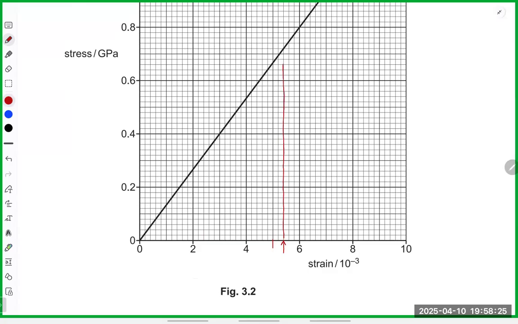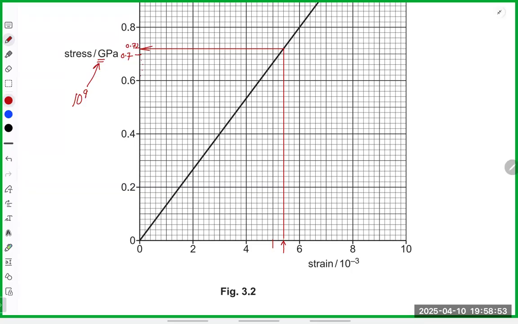We find 5.4 on the graph, and then we see the corresponding value on the other side, which is now 1, 2, 3, 4, 5. This is 0.72. Don't forget this unit, because this unit has this G in it. G means 10 to the power 9.